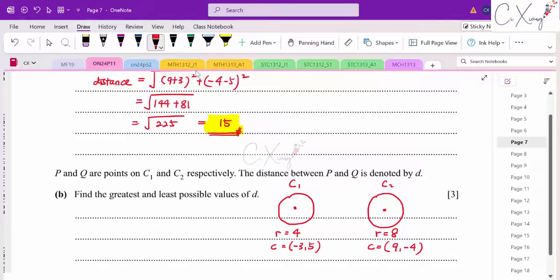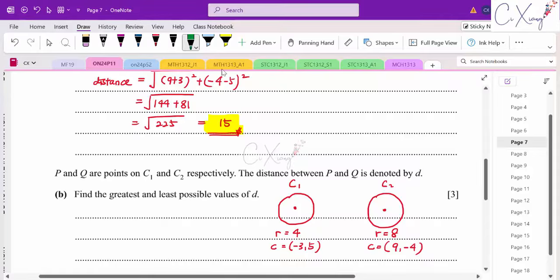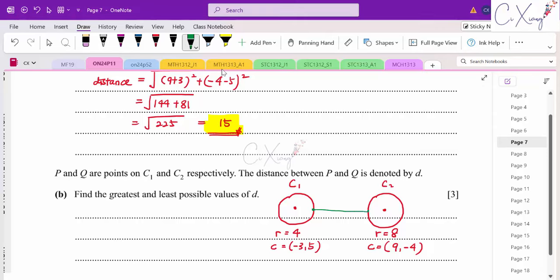Now they ask us to find the greatest and least possible values of D. That means the distance between P and Q, where P and Q must be lying on the circles. So where can I get the nearest or the shortest distance between P and Q? P and Q should be somewhere here so that it can be the shortest.